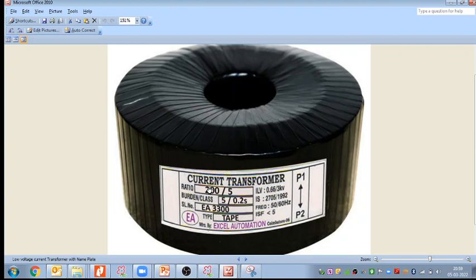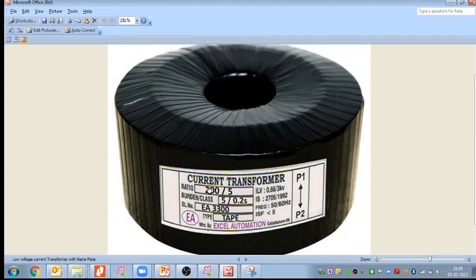I again repeat my statement. Due to the magnetization or excitation current component, the actual current transformation ratio will not be equal to the rated current transformation ratio.